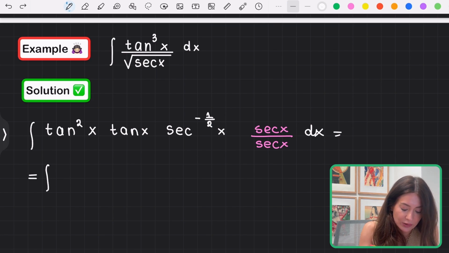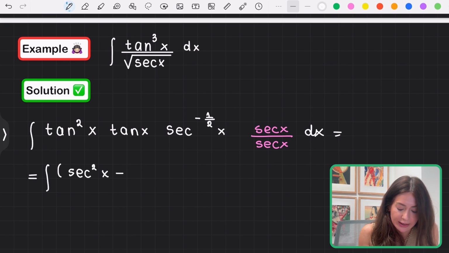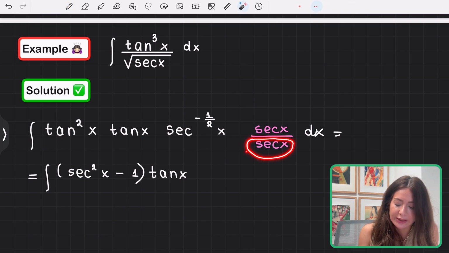Oh, and this tangent square, I can already rewrite that as secant square x minus 1. Then this tangent, okay, I'll put that here. And now I'm going to bring this up.